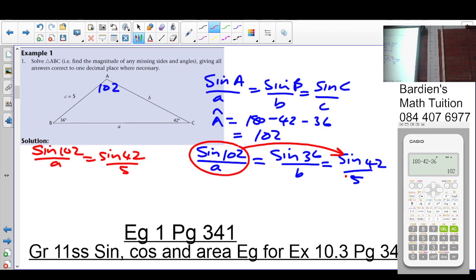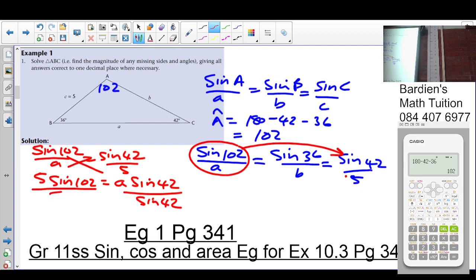So what do I do? Cross multiply. So that will be 5 sine 102 is equal to a sine 42. So I divide by sine 42 both sides. That cancels.